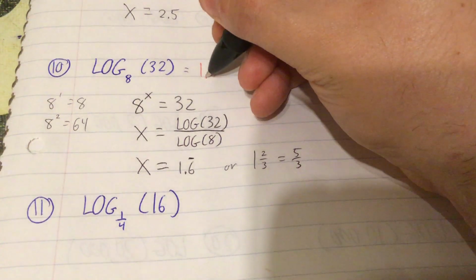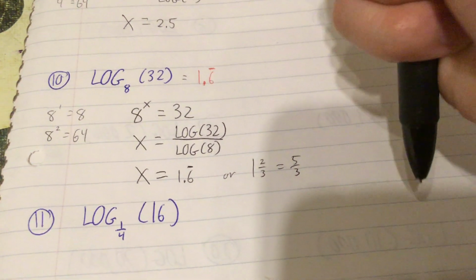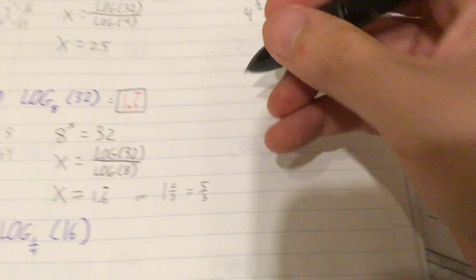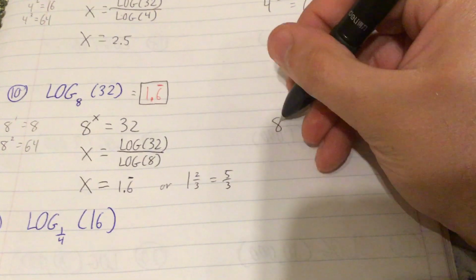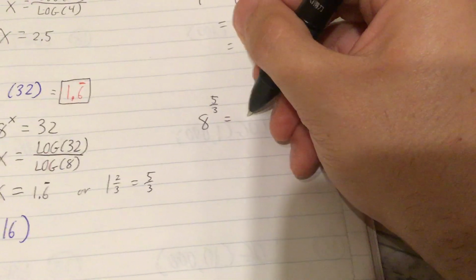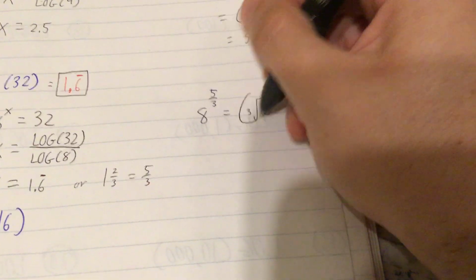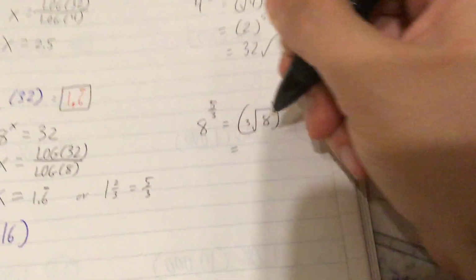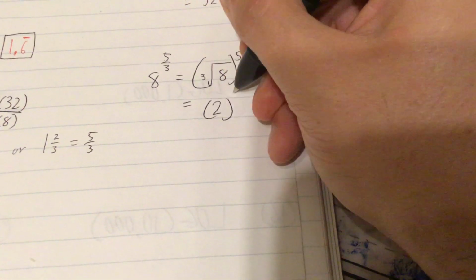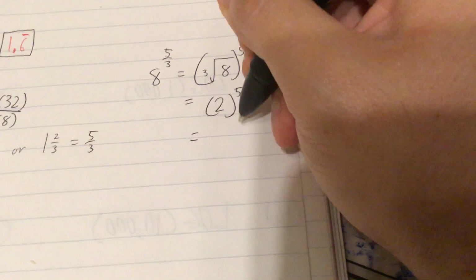But remember, please indicate that there's a repeating decimal on the 6, okay? But if you just want to confirm 8 to the 5/3 power, that'd be the cube root of 8, then to the 5th power. The cube root of 8 is 2. Taking that to the 5th power, that would be 32, and we're back in business.